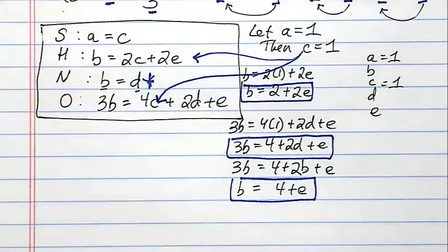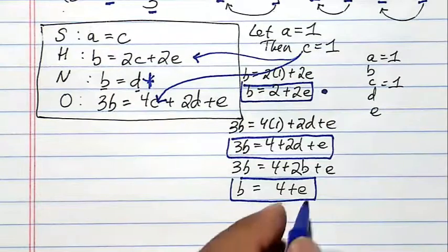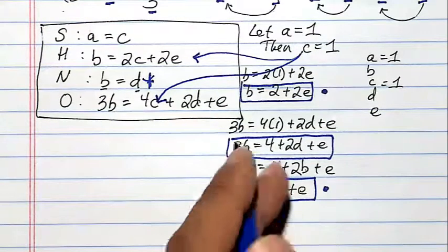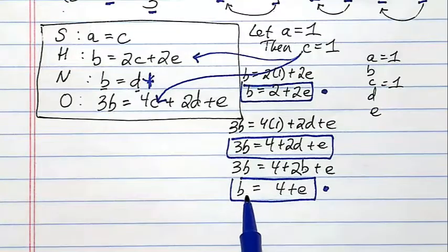So this is good. I feel like we're getting somewhere because I can solve for this and this. B equals 2 plus 2E here. B equals 4 plus E here.